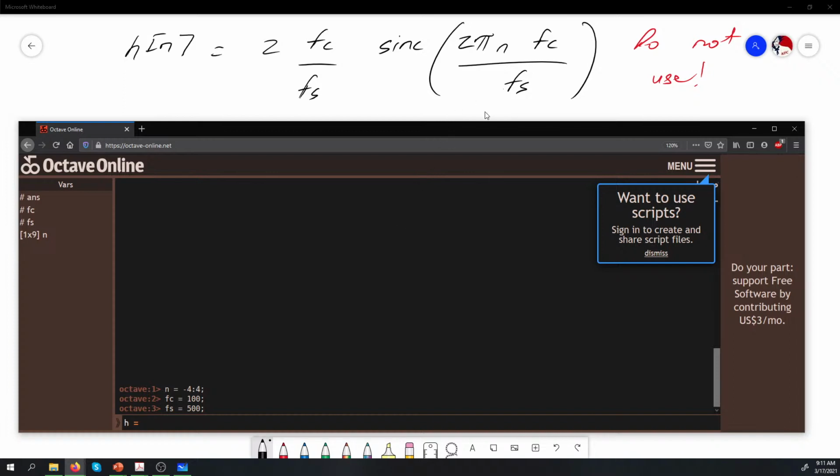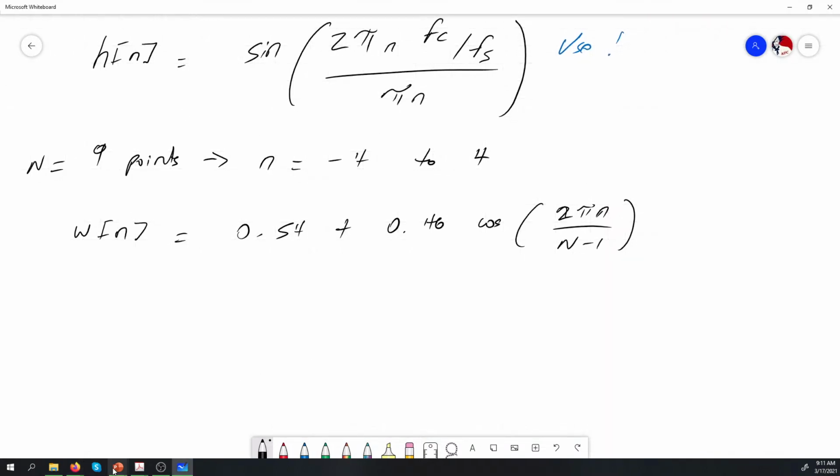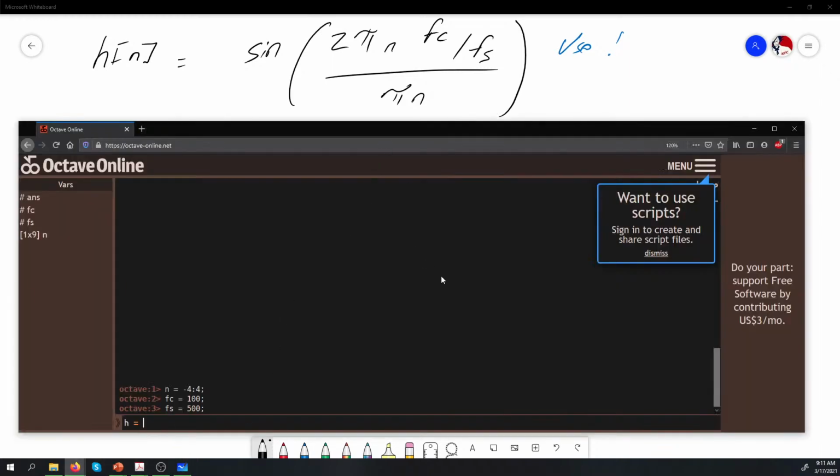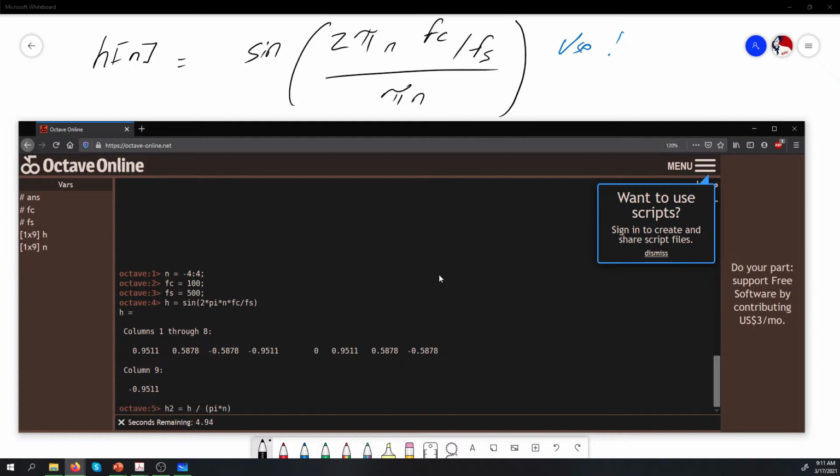So we're not using the sinc one here. We want to use this form here. Right, so h is equal to sine of 2 pi n fc divided by fs. I'm going to leave the pi n on one side for the time being, and then that was h, let's say h2 here, h divided by pi n.